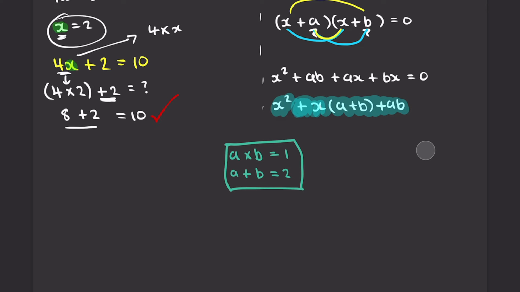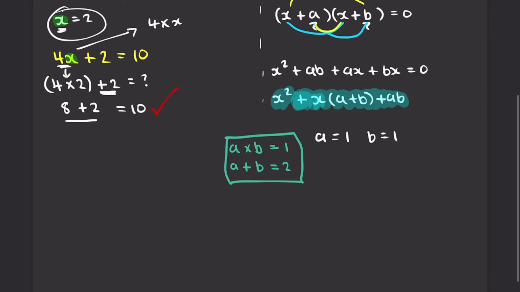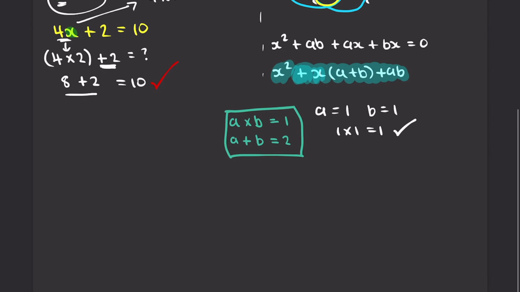So let's try another set of values. Let's keep a as 1 and let's make b equal 1 also. So what's a times b? Well, a times b is just 1 times 1, and 1 times 1 equals 1. So the first rule is fulfilled.